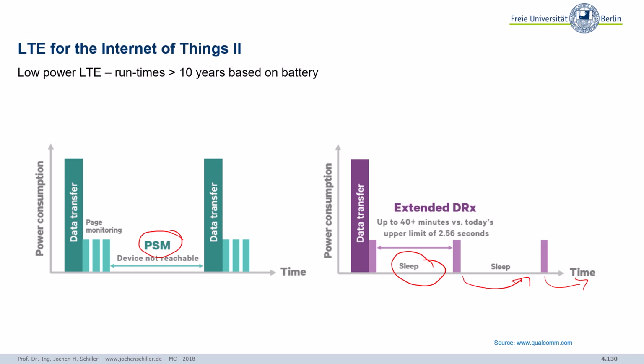So these mechanisms are not known from the classical GSM. Similar mechanisms are known from other IoT wireless systems, but now they're integrated in the LTE system. And that's what already some operators offer.